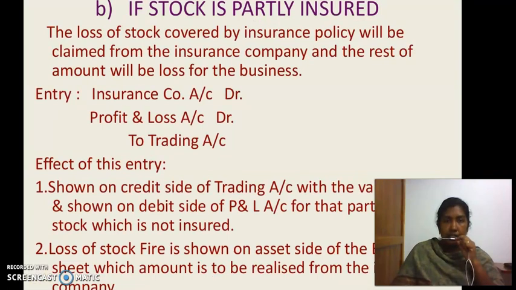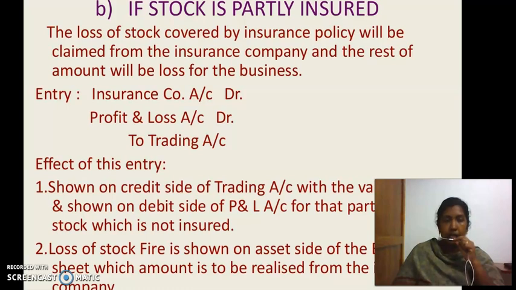Second case, if the stock is partly insured, the loss of stock covered by the insurance policy will be claimed from the insurance company, and the rest of the amount will be a loss for the business. Entry is insurance company account debit, profit and loss account debit to trading account. In this also there are two effects.